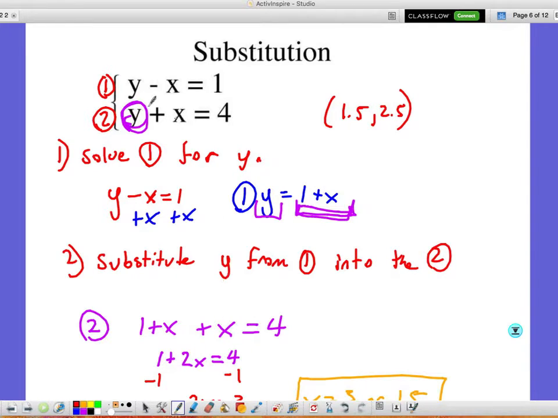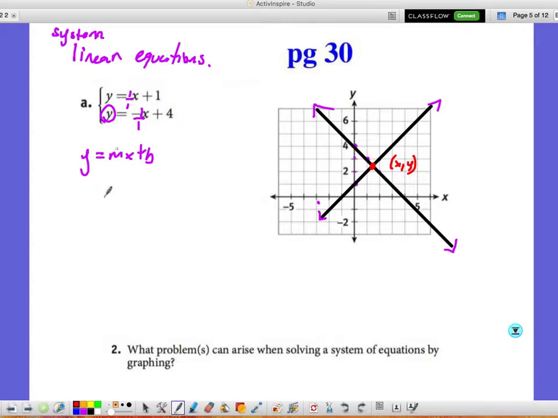Now this system is the same system that we just graphed here in the first example, and if I look at my ordered pair, which is 1.5, here's 1.5, and then 2.5, that gives me exactly the point of intersection of both lines.